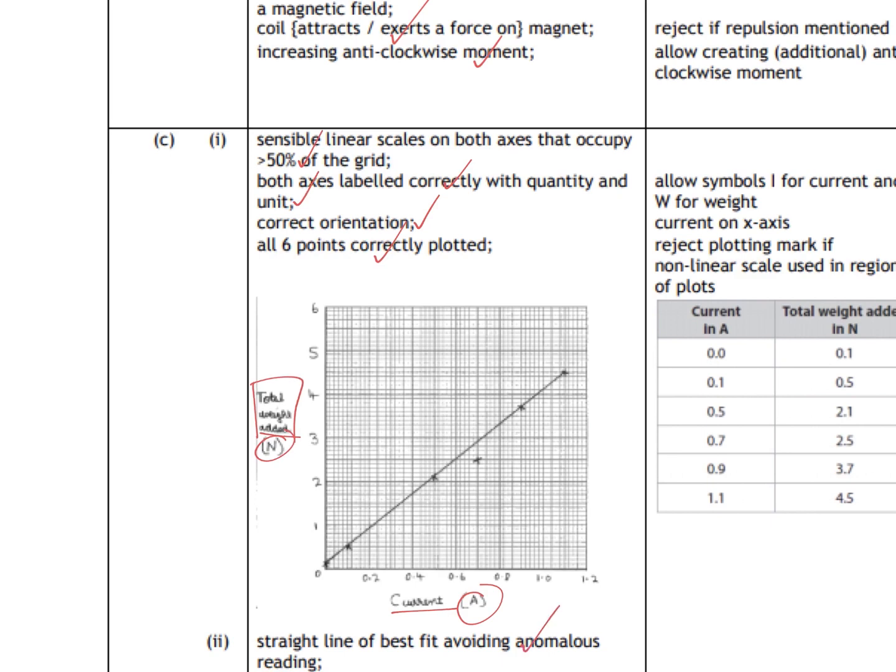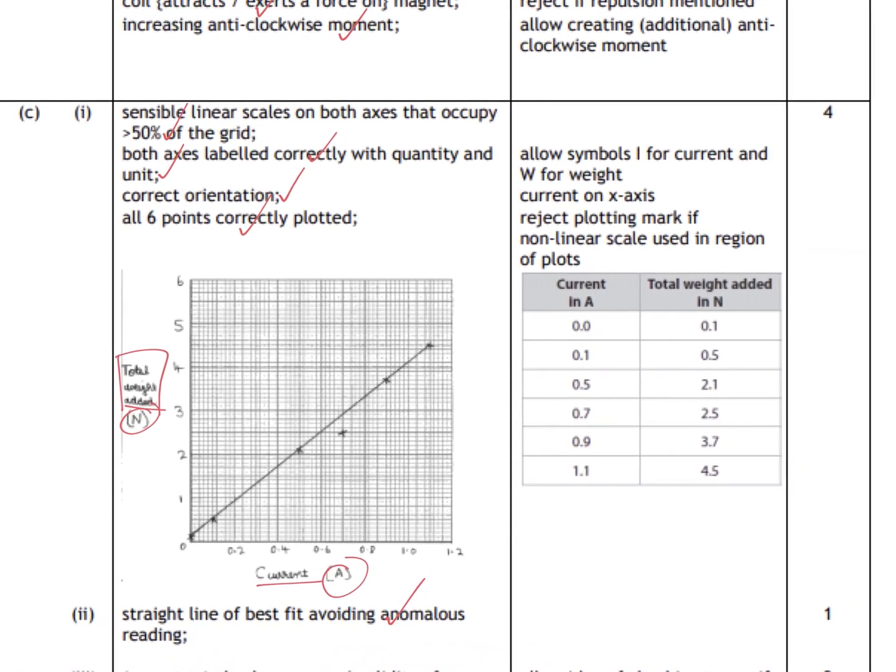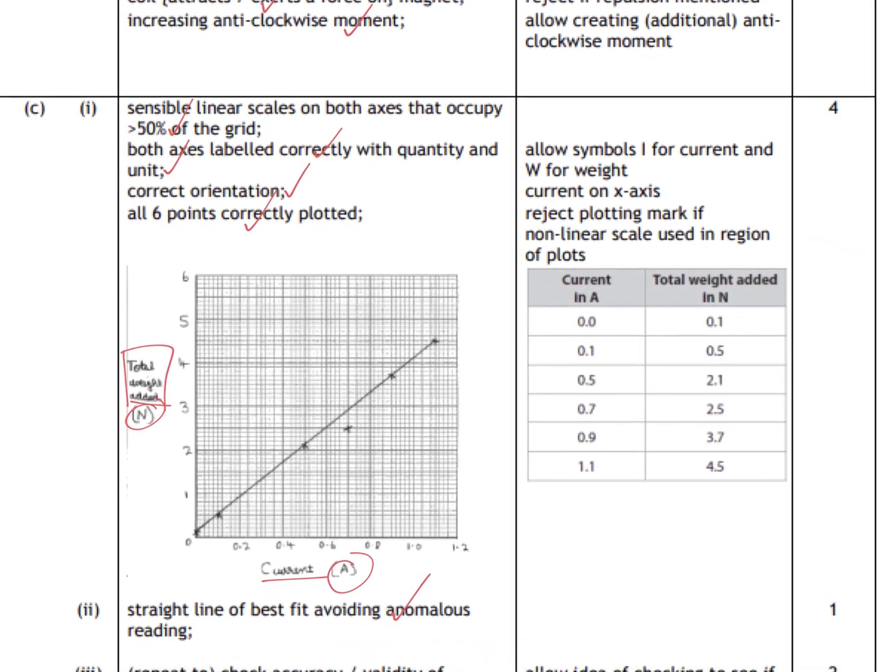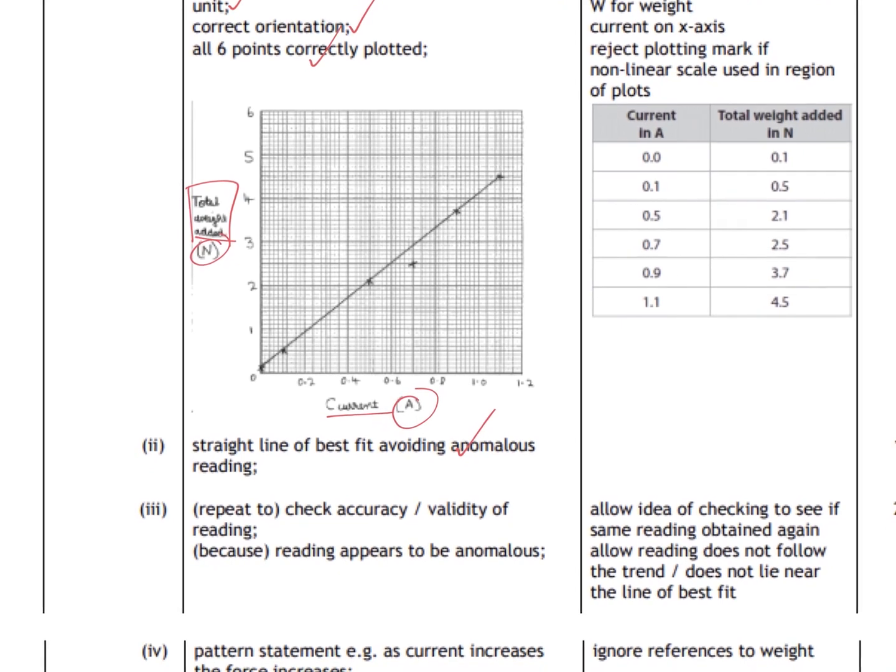Straight line avoiding the anomalous reading, which I realised later on what he was after. And then it suggested, as I was expecting it to, to check the accuracy and validity of the readings, because it appears anomalous, so that's why it looks a bit odd.